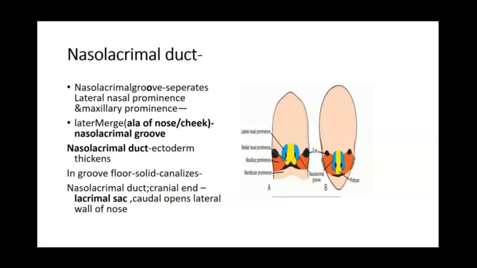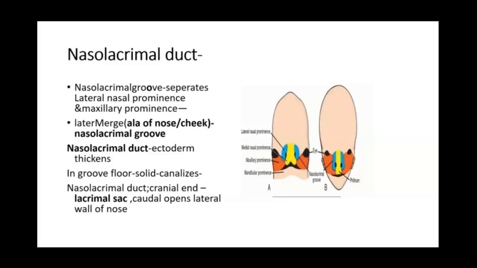So the nasolacrimal groove separates the lateral nasal prominence and the maxillary prominence. Later they merge, the ala of the nose is formed, and the cheek. In the nasolacrimal duct, the ectoderm on the surface is going to thicken. In this groove, the floor becomes solid.